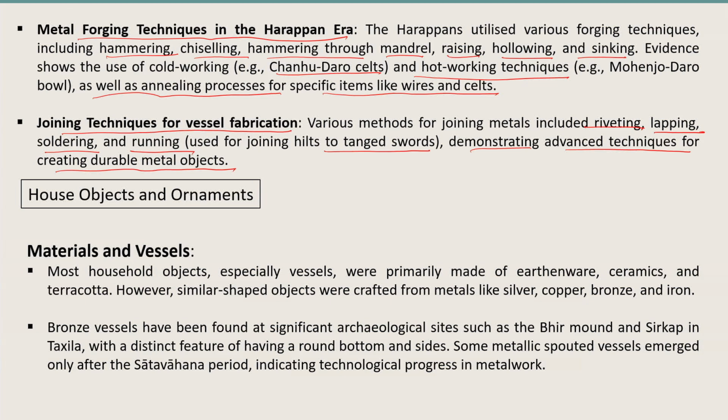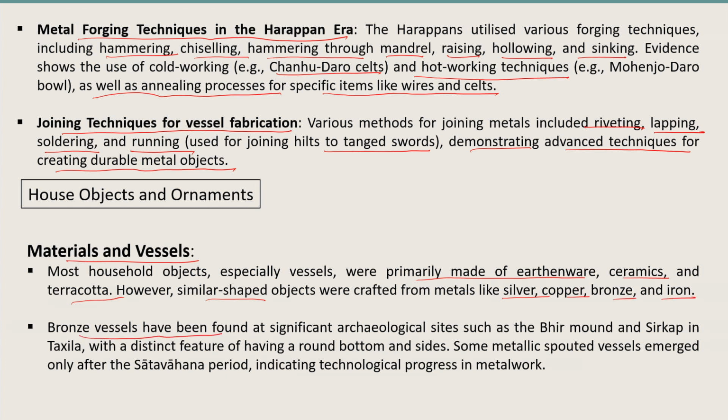Now, the example of household objects and ornaments. Materials and vessels. Most household objects, especially vessels, were primarily made of earthenware, ceramics and terracotta. However, similar shaped objects were crafted from metals like silver, copper, bronze and iron.